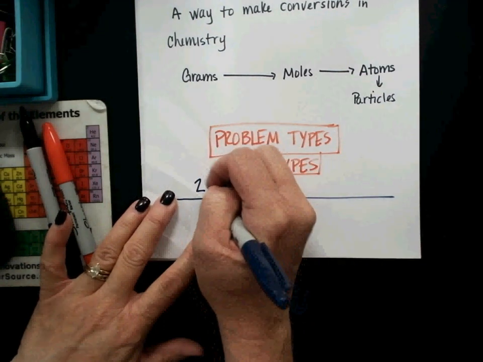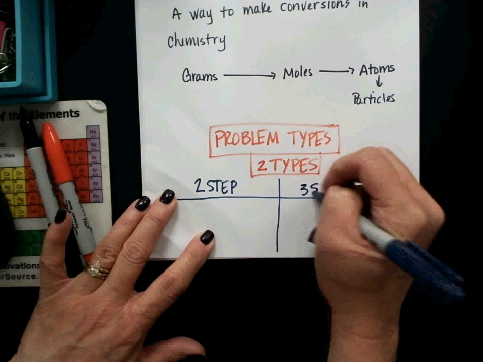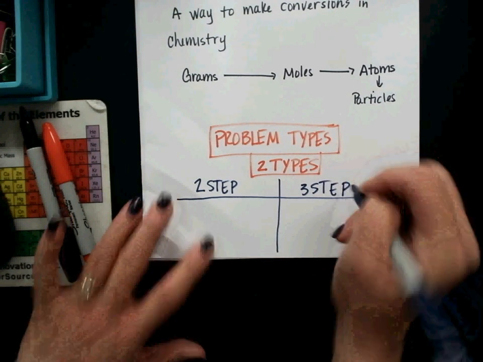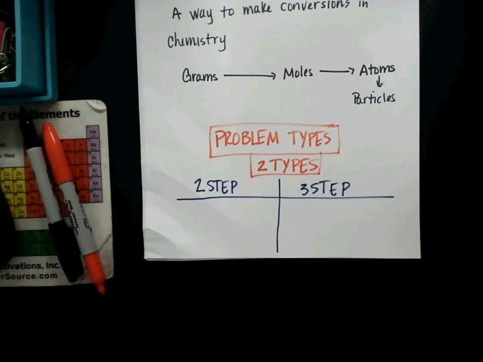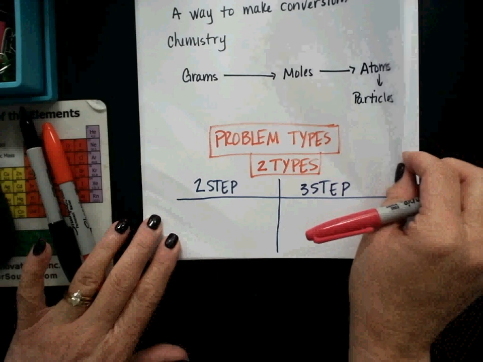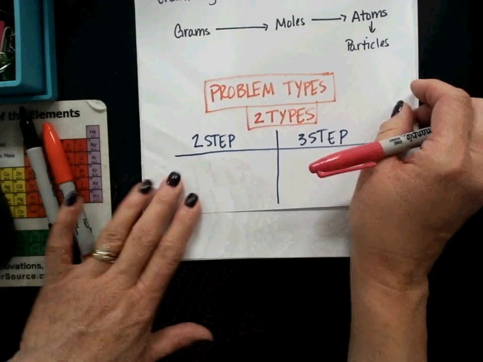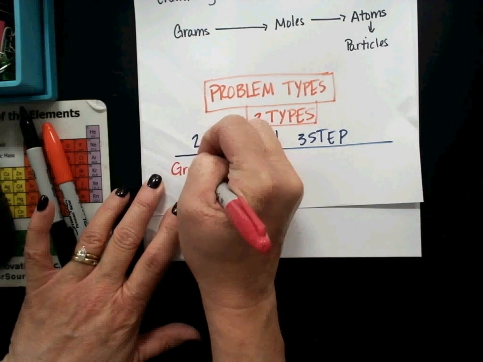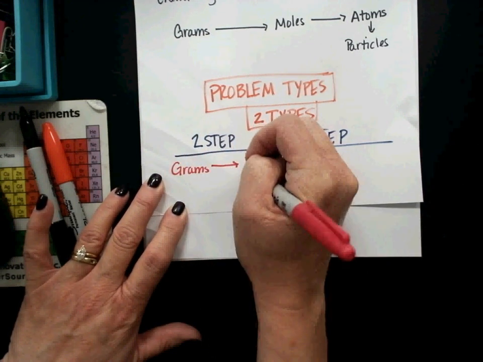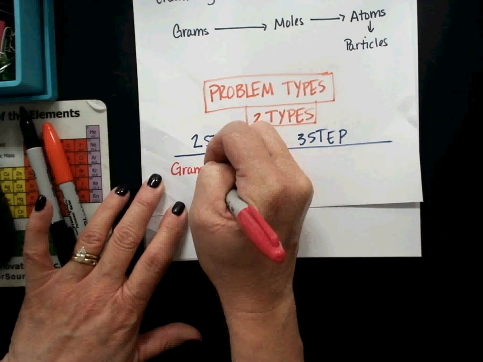The first one I'm going to call 2-step, and the second one I'm going to call 3-step. When I'm doing a 2-step conversion, that's going to be grams to moles or moles back to grams.